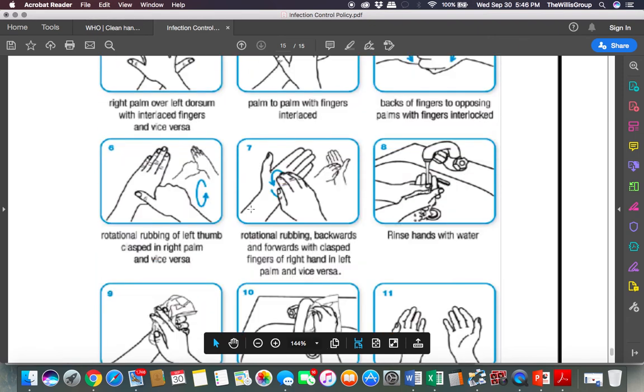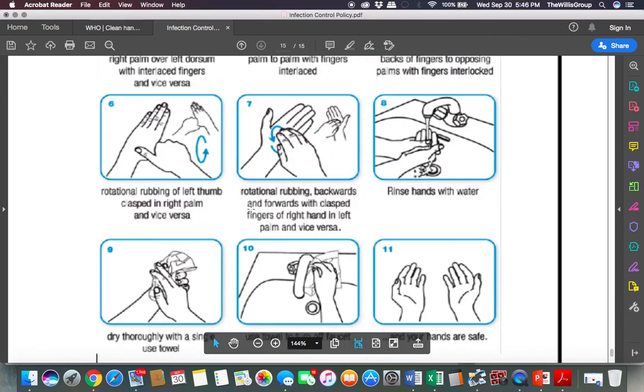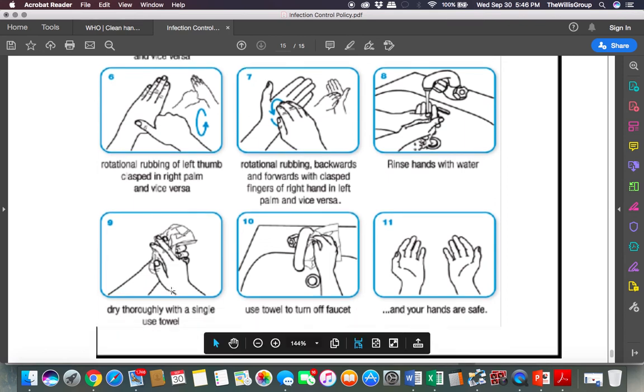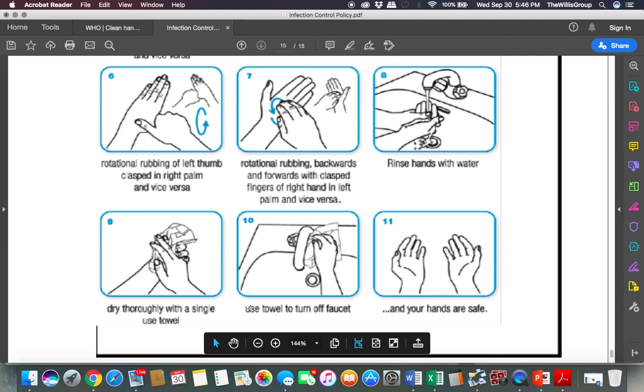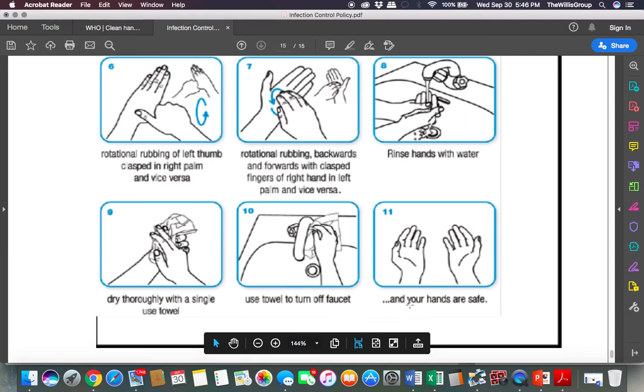So it gives you a very good breakdown of what you should actually be doing during those 20 seconds of hand washing. Then rinsing our hands, drying them thoroughly, and using a towel to turn the faucet off. And then hopefully your hands are safe at that point.